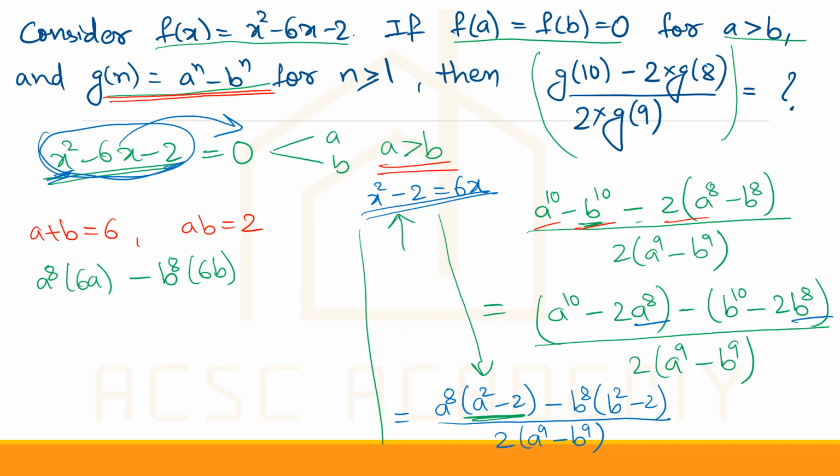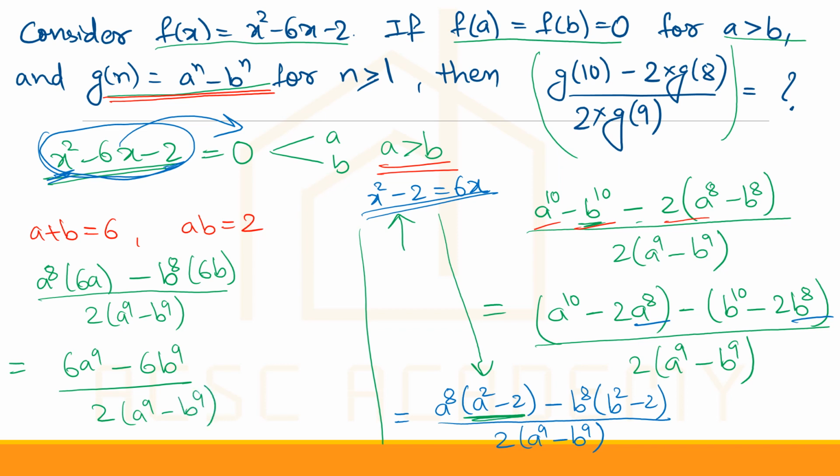So in place of x, we can substitute a and b. That's what we did. Denominator is 2 a raised to 9 minus b raised to 9. So now next, it becomes 6 a raised to 9 minus 6 b raised to 9 upon 2 a raised to 9 minus b raised to 9.